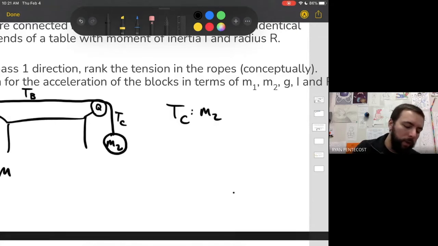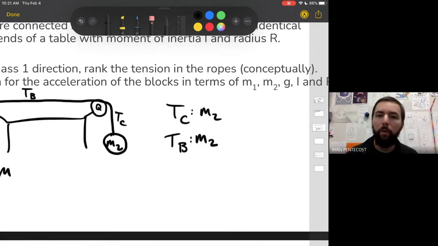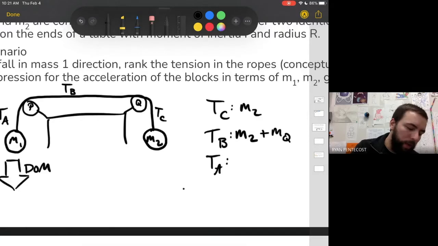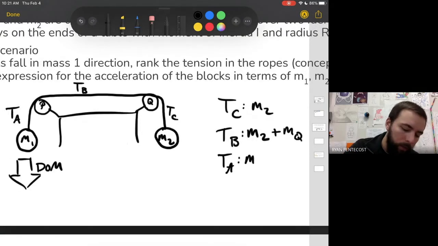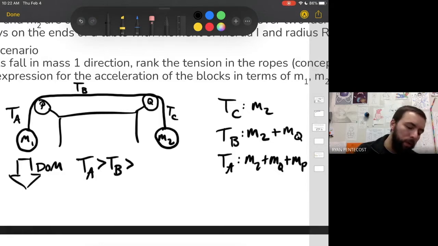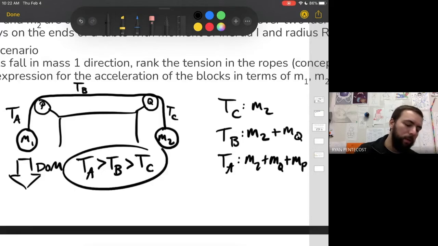Tension B is responsible for moving M2, but now we're using real pulleys, so it is also responsible for moving the mass of pulley Q. Then tension A is pulling M2, the mass of pulley Q and the mass of pulley P, and M1 is making all of this happen. So tension A will be greater than tension B, which will be greater than tension C. We can see that conceptually just by seeing what they are responsible for moving.